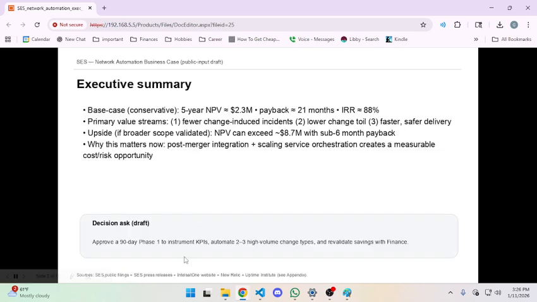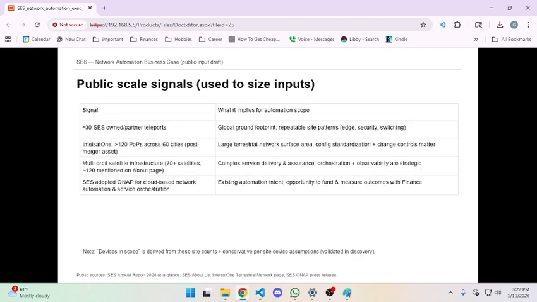And then we've got sources here: the SES public filings, the SES press releases, and then a website. So Intelsat website, New Relic, Uptime Institute. So we've got our sources cited here.